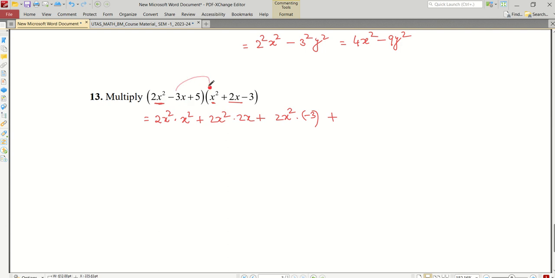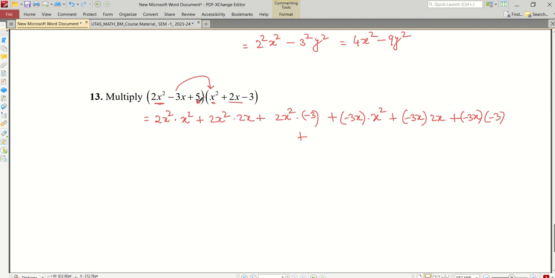Now it will be a little bigger question. Minus 3x into x power 2, plus minus 3x into 2x, plus minus 3x into minus 3. So 3 terms.